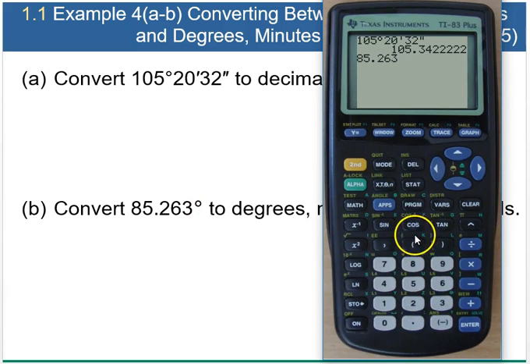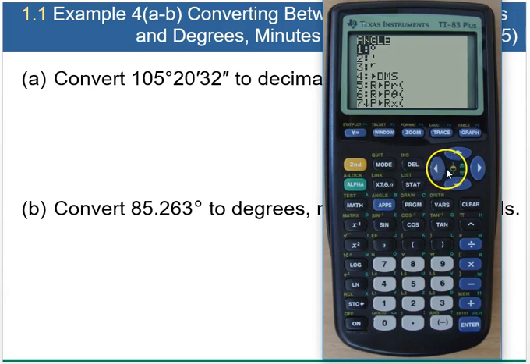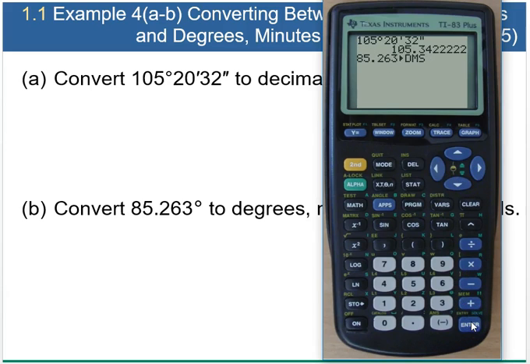Again, remember, put this in degrees, in your degree mode. Once your mode is in degrees, it stays in degrees unless your calculator's memory is reset or batteries die on you for quite some time. So go back to second apps, and go to number 4, hit enter. You're converting that to degrees, minutes, seconds.